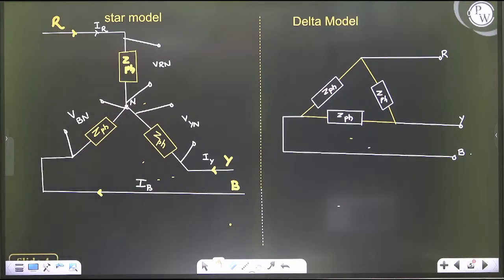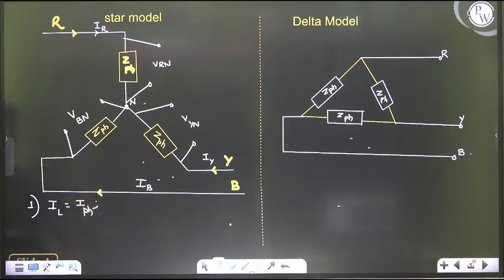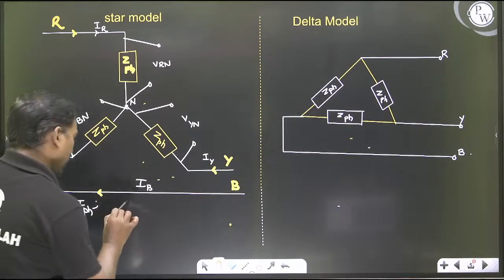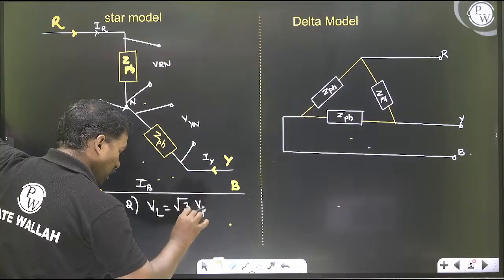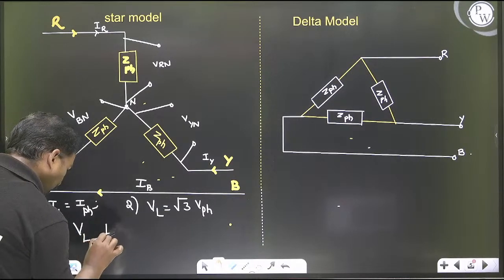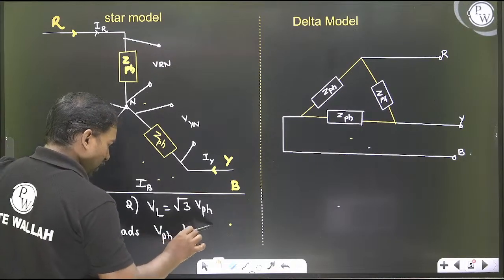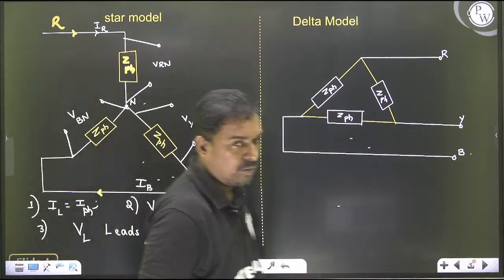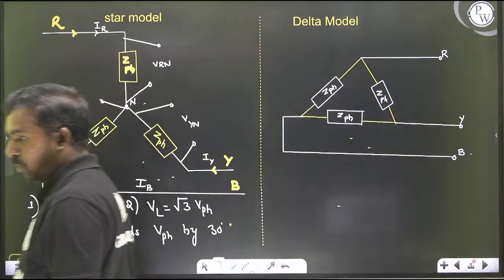So for star model, the line current is equal to phase current. Second one, the line voltage will be equal to √3 times the phase voltage. So these are the basic illustrations, and the VL leads VPH by 30 degrees. Okay, so these are the things in star model.